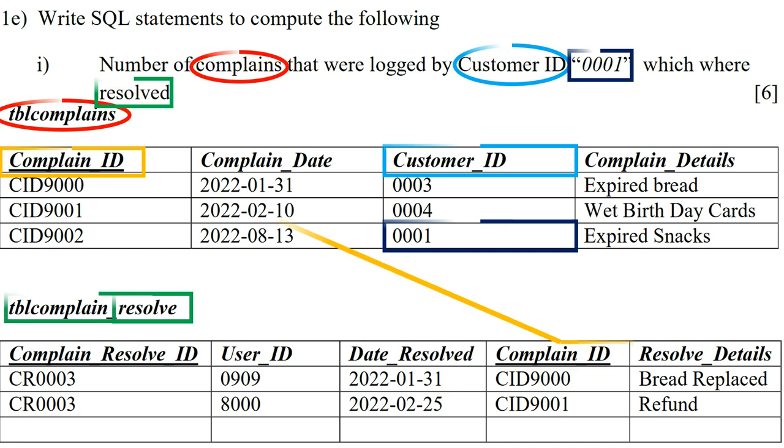Therefore, the complaints lodged by the customer with customer ID 0001 are just one, and it was not resolved. Therefore, there are no complaints that were lodged by customer ID 0001 which were resolved.